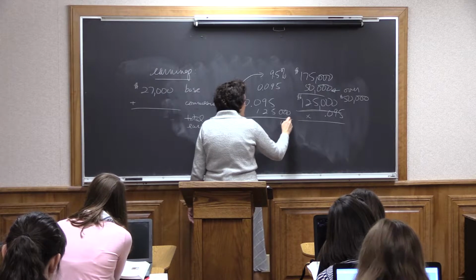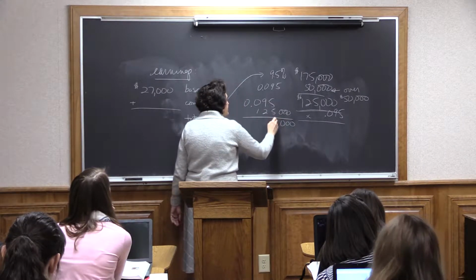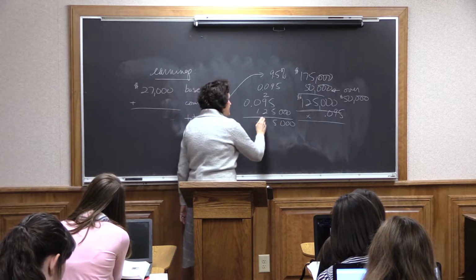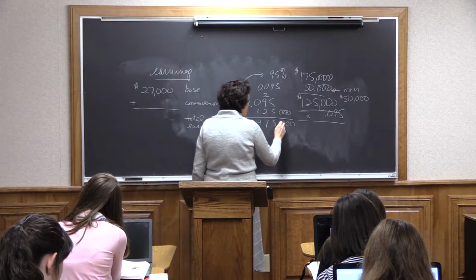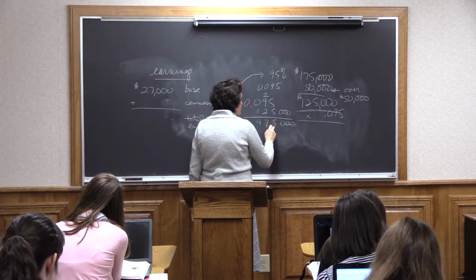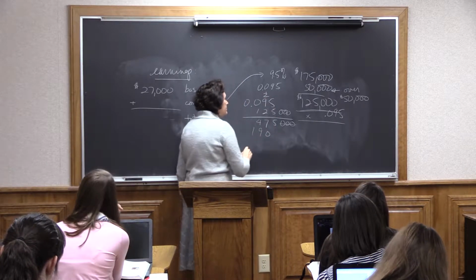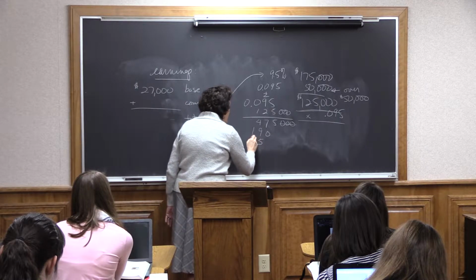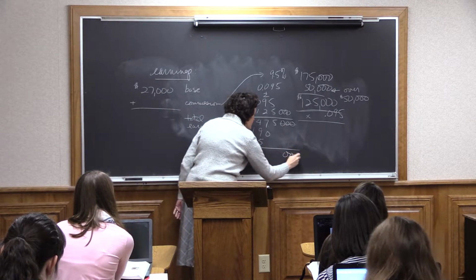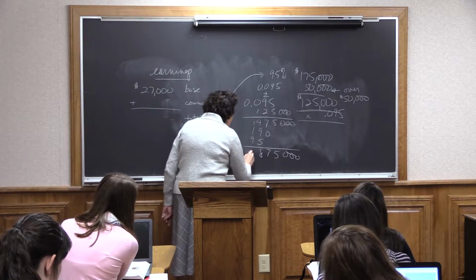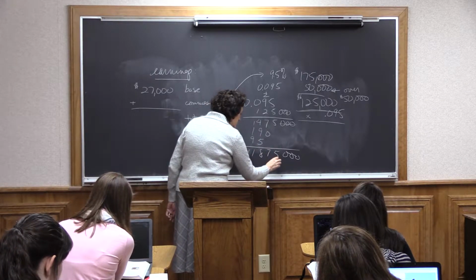So I'm going to carry all the zeros down. 5 times 5 is 25. Then 2 times 5 is 10.